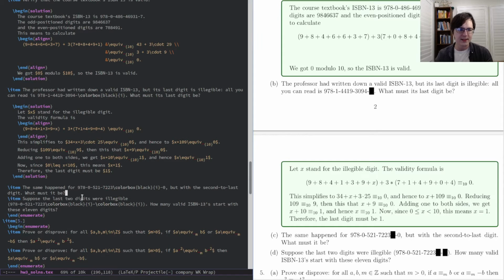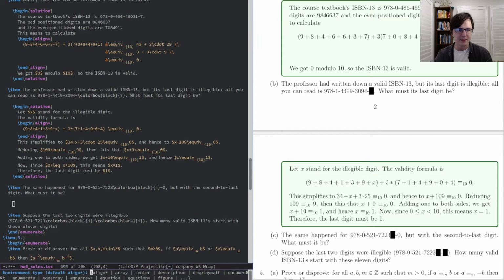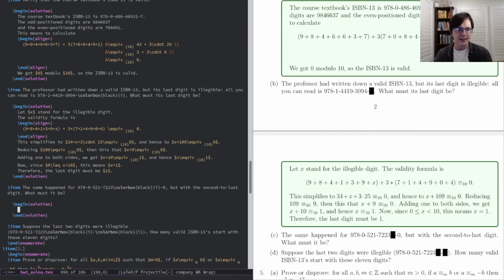Okay, the next one. It's the same sort of deal. But the thing is, before... Oh, wow, I put a star? Where before it was x times 1, this time it's going to be 3 times x, so it's a little more exciting. Let x stand for the illegible digit.